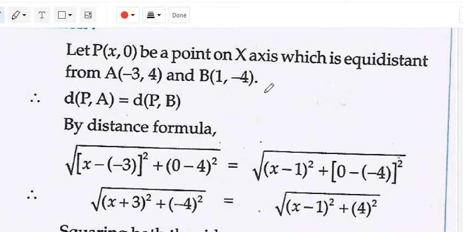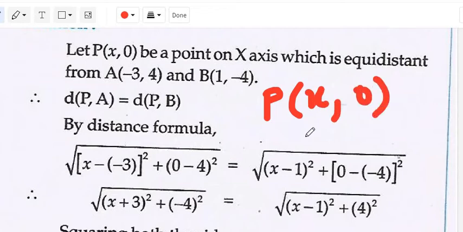Here this point P is (x, 0), and therefore here x minus minus 3, whole square, plus this 0 minus 4 whole square. On this side, x minus 1 whole square, and this is 0 minus minus 4.